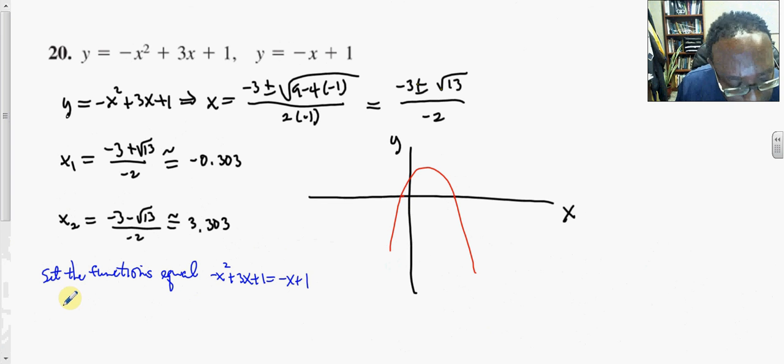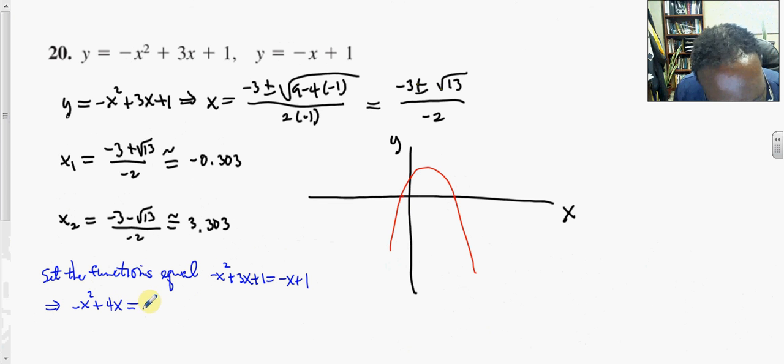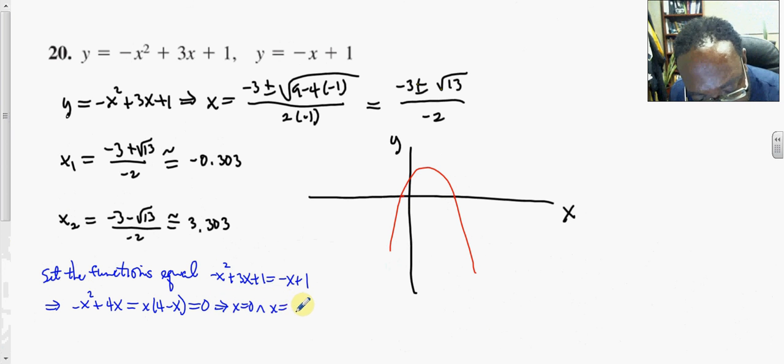And so this gives us here the implication negative x squared plus 4x. And we can factor out an x. We have parentheses 4 minus x. We set that equal to 0. That implies x equal to 0 and x equal to 4.